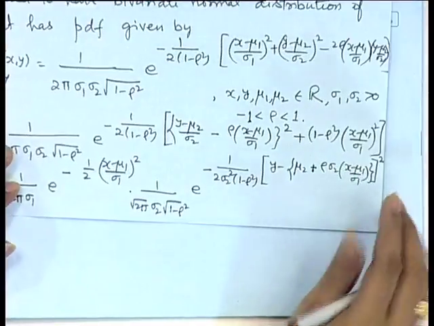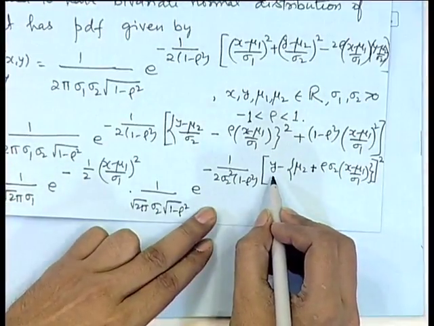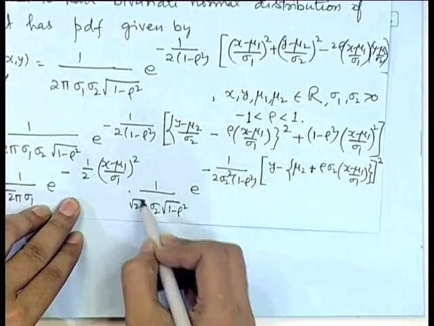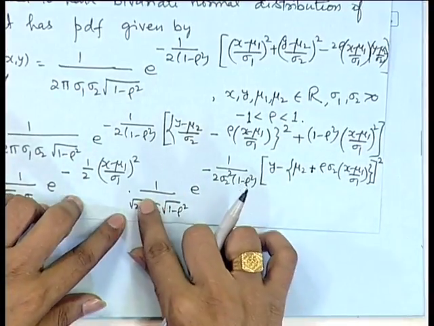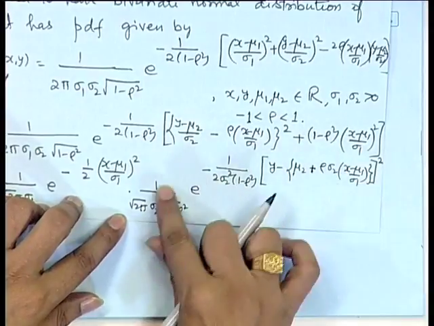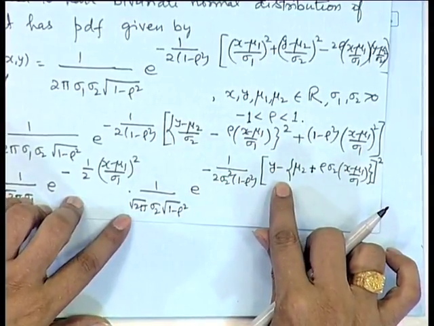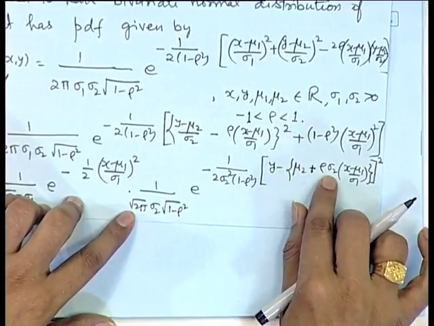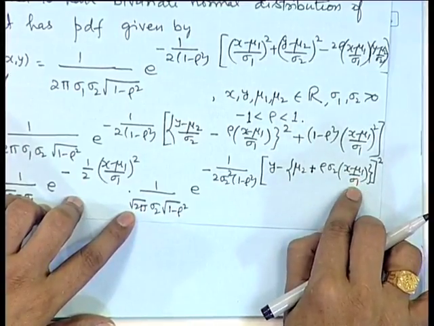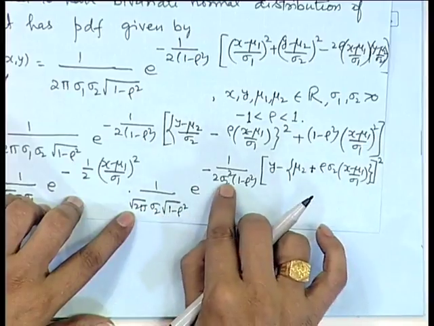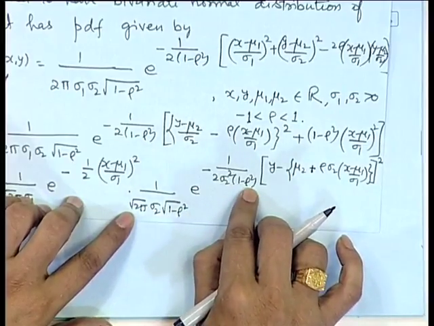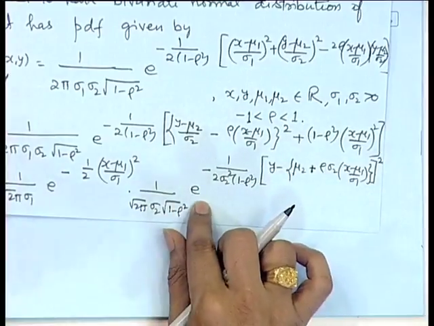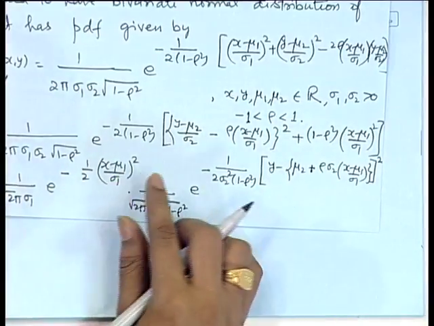So, if we want to find the marginal distribution of x, we can integrate this with respect to y, and we notice here that this entire term denotes a distribution which is normal with mean mu 2 plus rho sigma 2 (x minus mu 1) by sigma 1 and variance sigma 2 square into (1 minus rho square). So, if we integrate with respect to y, this term will give us unity and we will get only the first term.